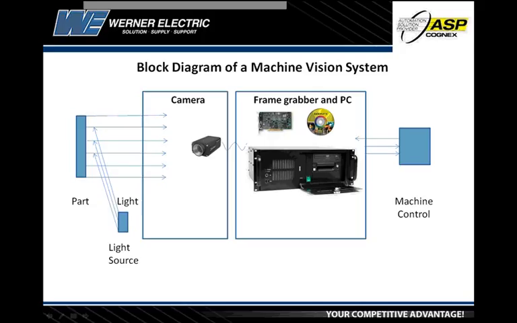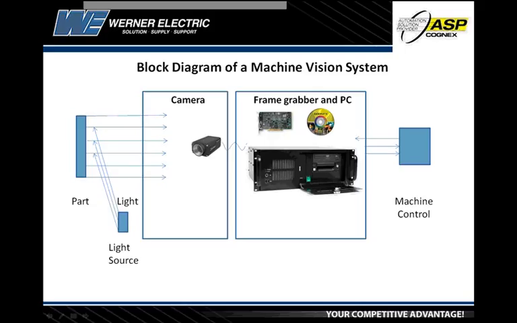And then, very importantly, you would have some kind of image processing software running on that PC to reduce the large amount of image data to some actionable information. So in this case, we're showing the Cognex software installed on that PC. And then the PC also has an I/O board, either Ethernet, serial, or discrete I/O to communicate with machine control, PLCs, process control, HMI, that sort of thing.